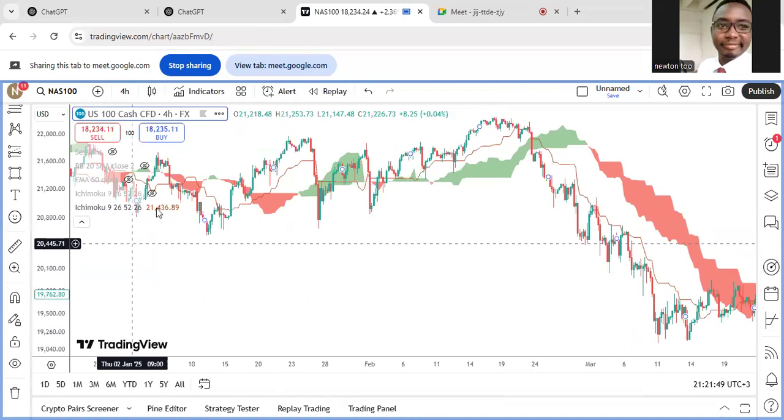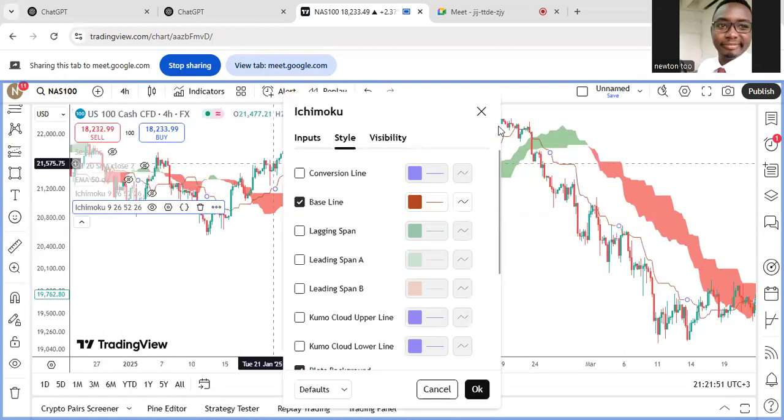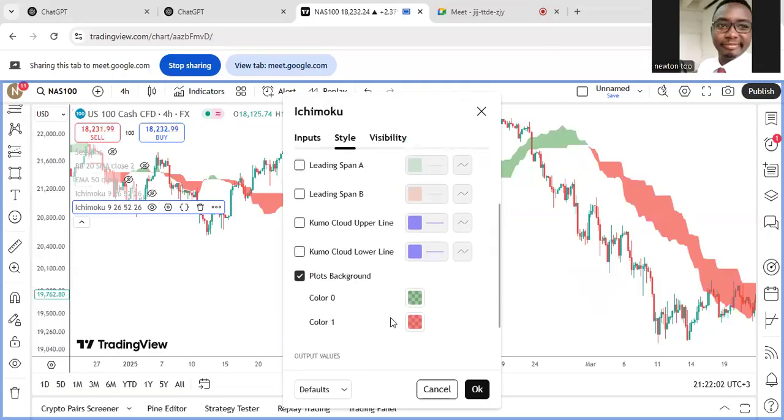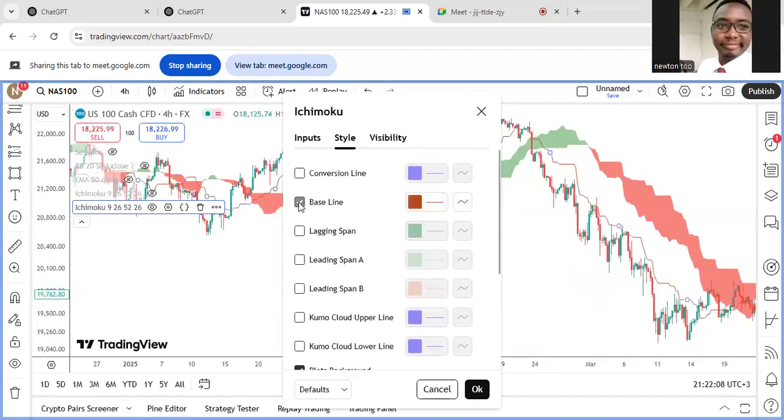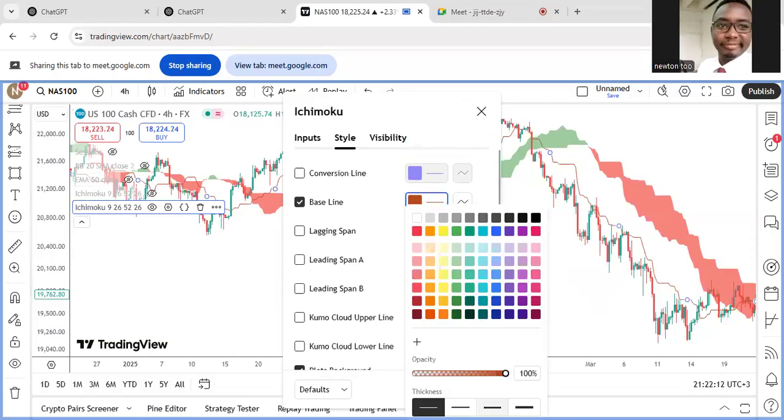So if you decide maybe to focus on cloud only, because some people wanasema kama mimi nataka tu cloud peke yake, nataka tu confirm na cloud, unaweza untick zote. So now listen, ni untick zote, unabaki na only na cloud. Yeah, ukitaka baseline, if you want baseline, una click baseline, tena una increase opacity kidogo on the baseline like this.